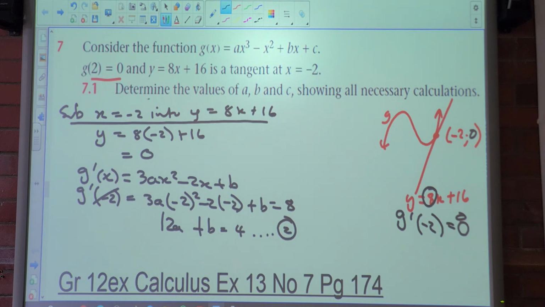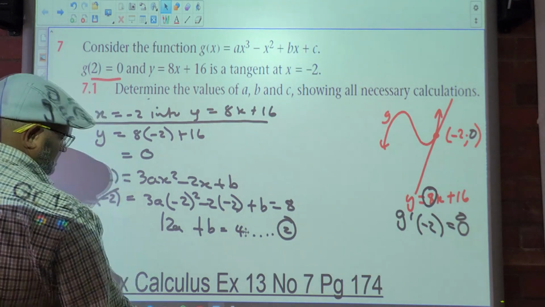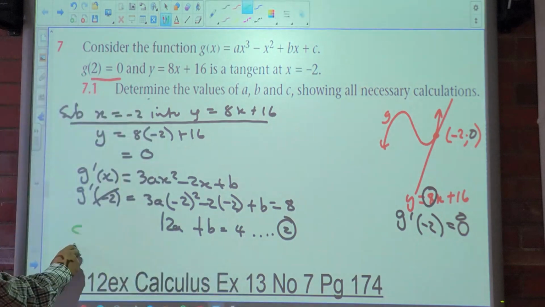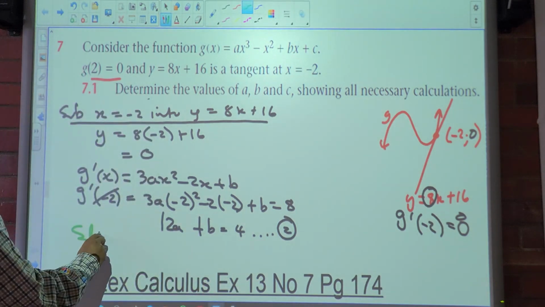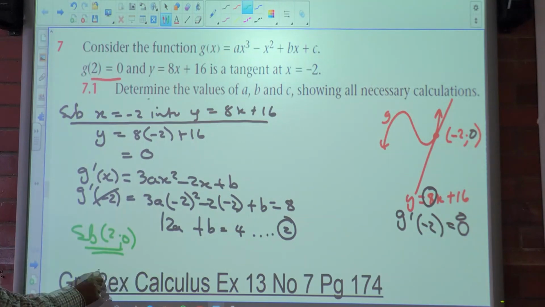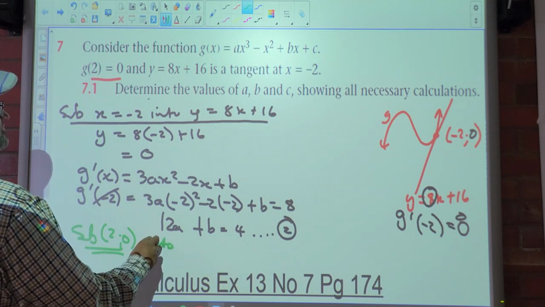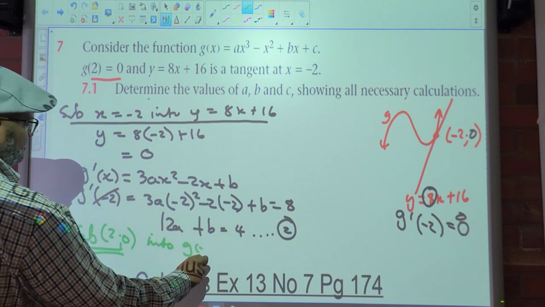We're shorting something here. Let's substitute this in and see what we get. We're substituting 2 and 0, so this will go into the g of x graph.